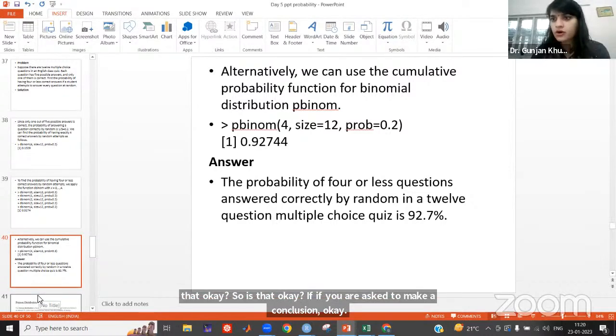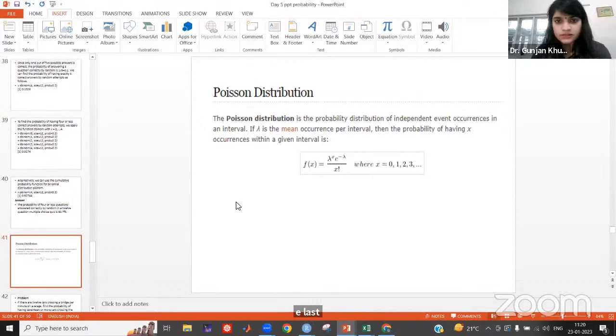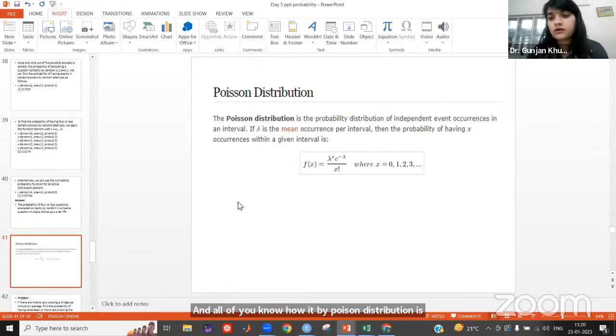So now we come to the last distribution which we'll discuss in this session, and that is Poisson distribution. All of you know Poisson distribution is a discrete distribution, and this is how its probability mass function is given: lambda power x e power minus lambda upon x factorial, where lambda is the mean.